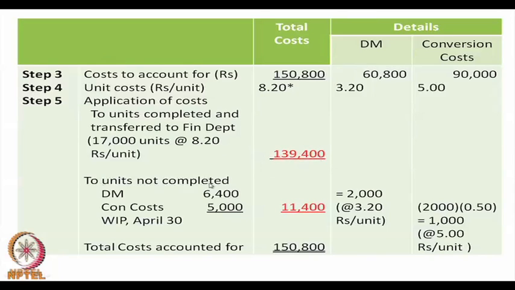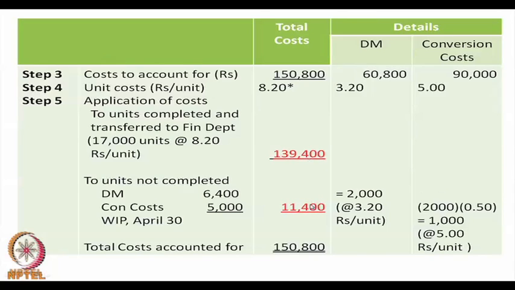2,000 units not completed, we know already 2,000 not completed and per unit 3 rupees 20 paise at this. So, this into this direct material is fully taken, therefore, it is 6,400, whereas equivalent unit is 1,000 at a rate of 5 rupees, that came to 1000 into 5, 5,000 rupees, totaling 11,400 rupees total cost.